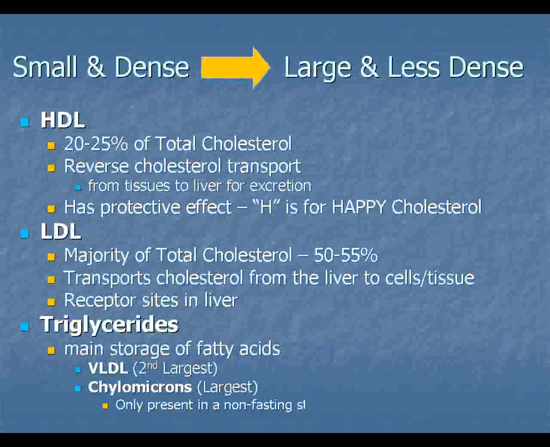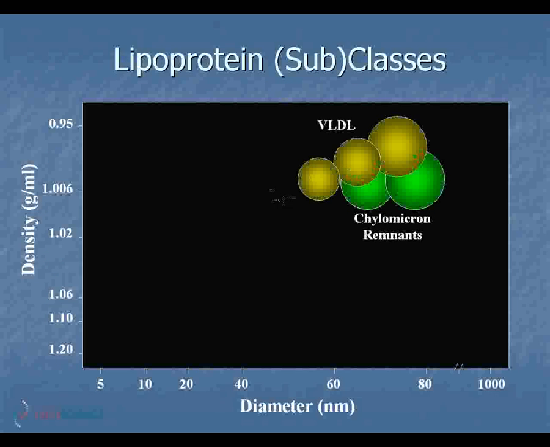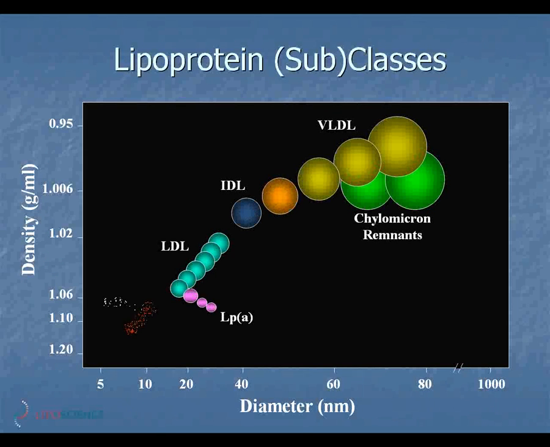And then triglycerides are, of course, your main storage of fatty acids, your VLDL and chylomicrons, which are the actual largest of the two. Typically, like I stated earlier, we should not see the chylomicrons unless you're non-fasting. And this is just a schematic to show you the density and the size of these varying molecules. Your HDL components down here, LDL, and then VLDL.